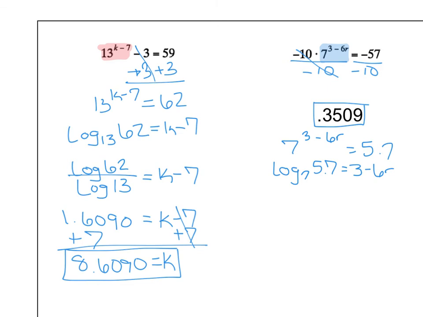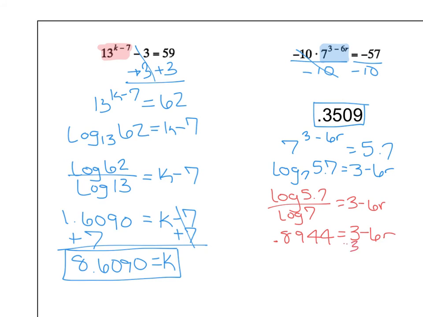All right, now I'm going to use my change of base formula. So I have log 5.7 divided by log 7 equals 3 minus 6r. All right, the left side, we're going to take care of that by using the calculator. And I'm going to get 0.8944 equals 3 minus 6r. All right, we're going to solve using our algebra from here.